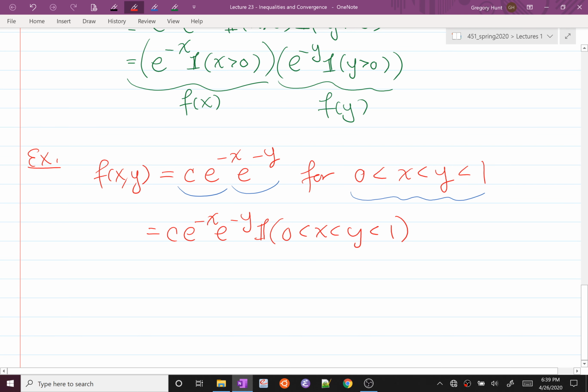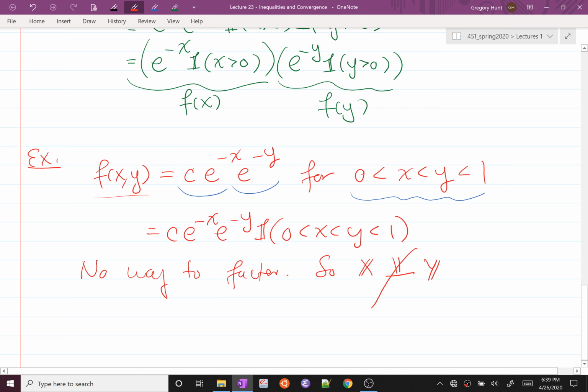And so x is not independent of y because I cannot factor the joint as the product of a function involving x and a function involving y.